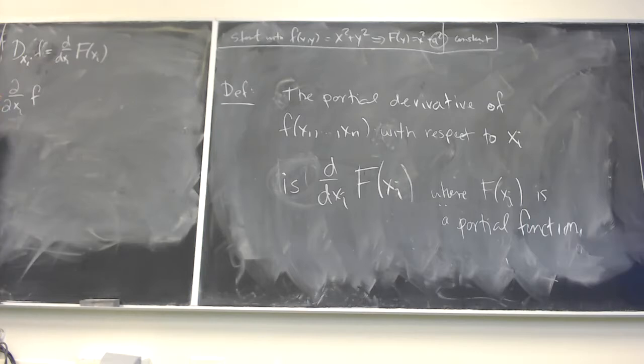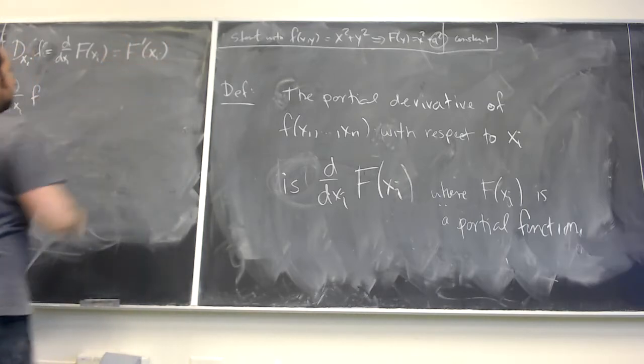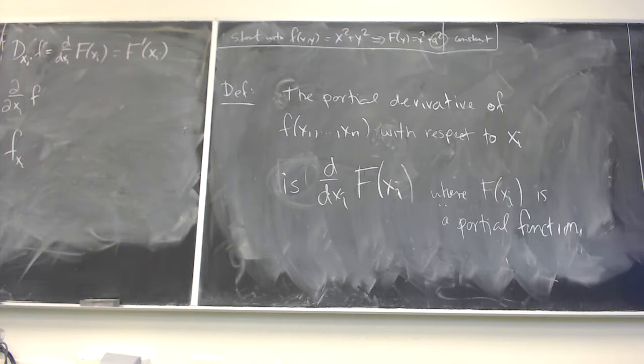That's also the same. My favorite, although it gets confusing when you start taking more than one derivative, is f with a little xi written underneath it, which means the partial derivative of f with respect to xi. You could also write f prime of xi. All of these symbols mean the same thing. They're used in different contexts.